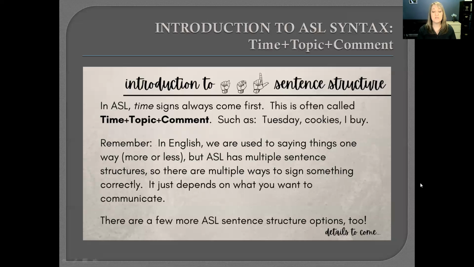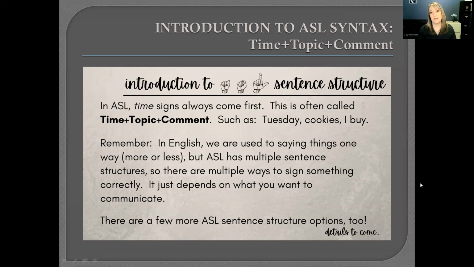Remember, in English, we are used to saying things one way, more or less. But ASL has multiple correct sentence structures. So there are multiple ways to sign something correctly. It really just depends on what you want to communicate, what you are trying to emphasize, what the topic is, or the big picture of your sentence or your story. There are actually a few more ASL sentence structure options too.